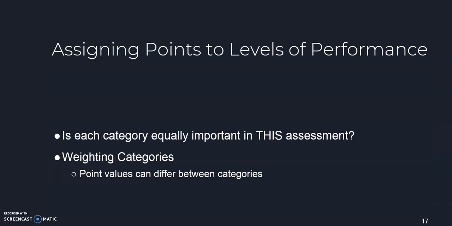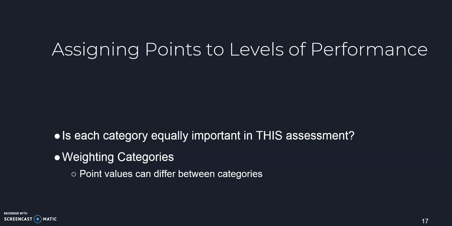Now, another idea in assessing points is thinking about whether each category in the rubric is equally important in this particular assessment. You might want to weight a category, where the point values differ between categories. Why might you do this? Well, maybe you're really working on certain skills and you want to make it clear that this is really where you want the students to focus.